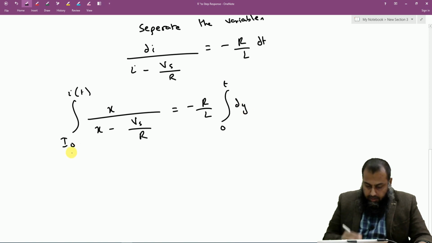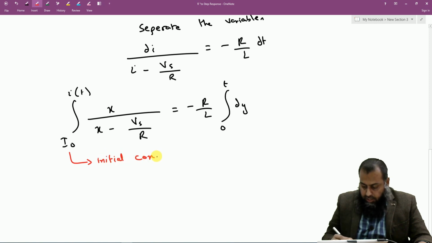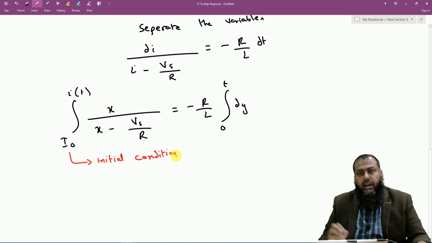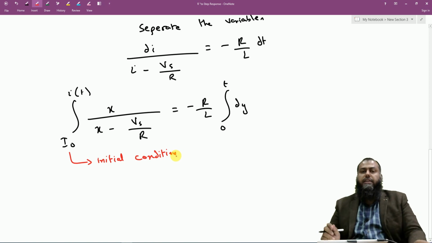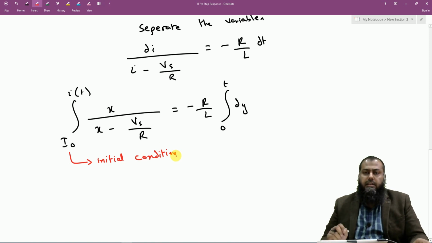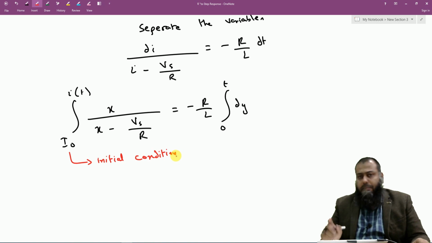Notice here that this I naught represents the initial current, or the initial condition of the inductor, because we have earlier stated that this I naught is equal to 0. So for that particular circuit we shall put the value of I naught equal to 0.